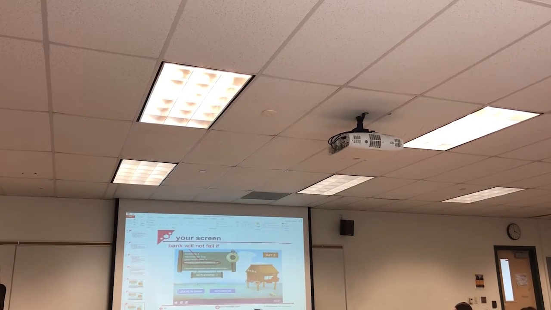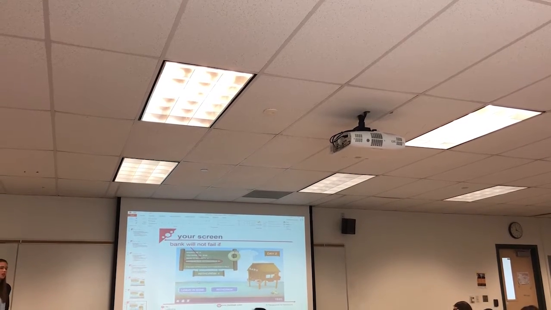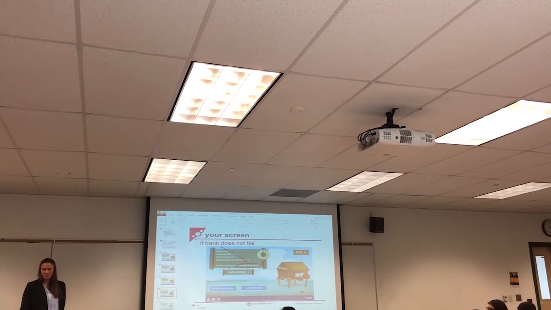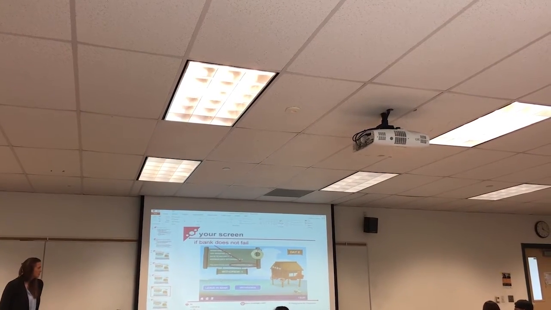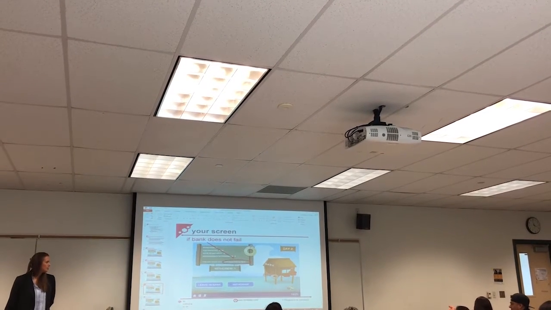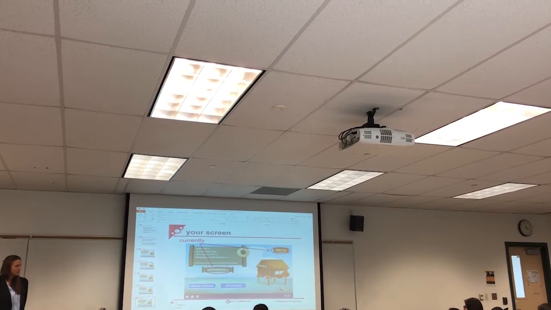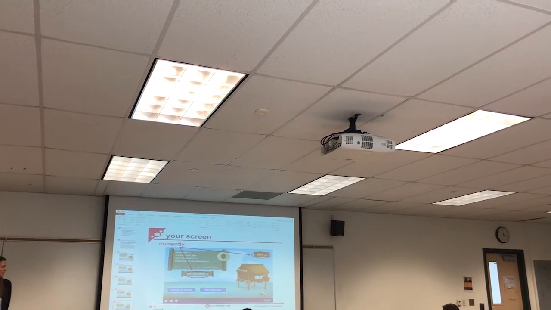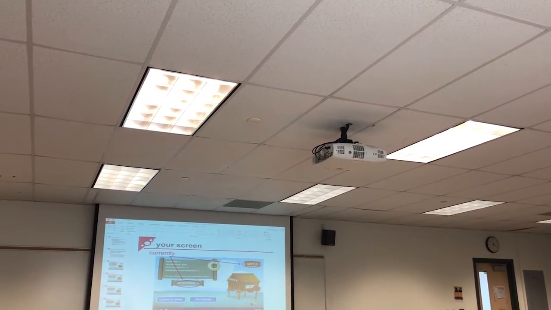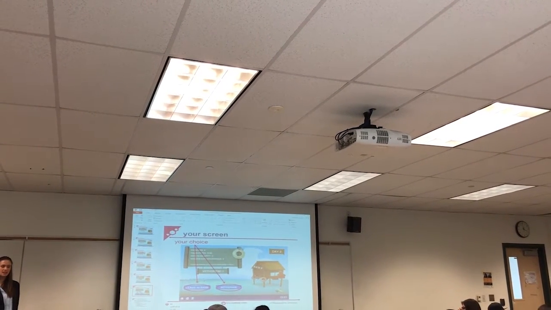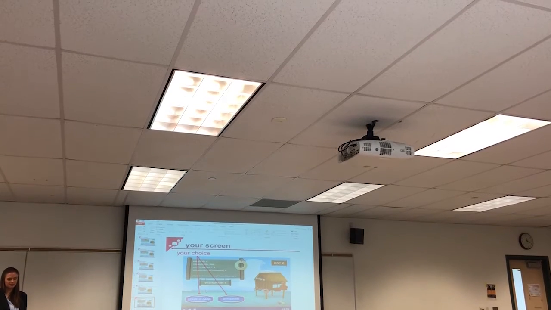The bank will not fail if only 3 people withdraw. If more than 3 people withdraw, then the bank will fail and become insolvent. So this last line, you can see you will receive $150, and it'll be on day 5 in this case. You can monitor your market, you can see how many people withdrew each round and each day. And your decisions are either to leave your money in the bank or withdraw.